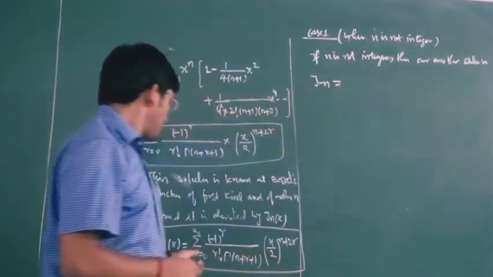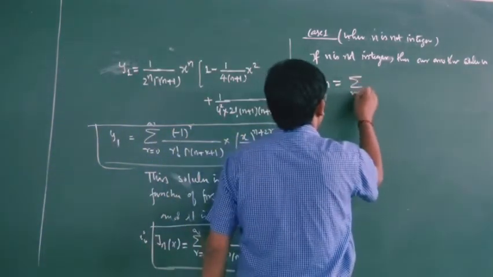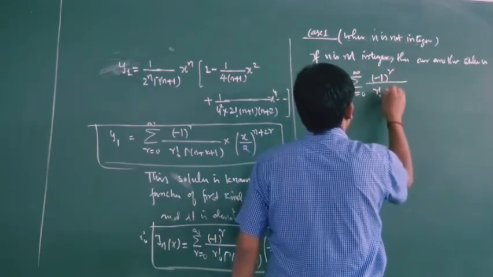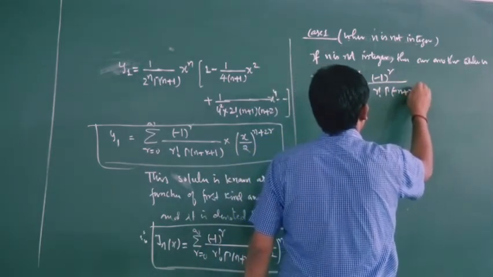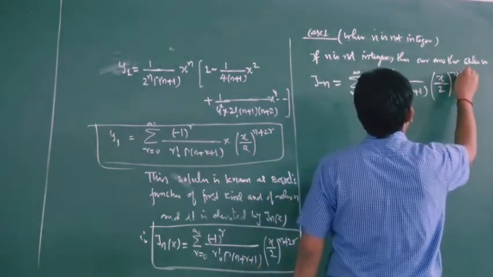For that, replace n by minus n. So we have the sum from r equal to 0 to infinity of (-1)^r over factorial r times gamma(-n + r + 1), times (x/2)^(-n + 2r).